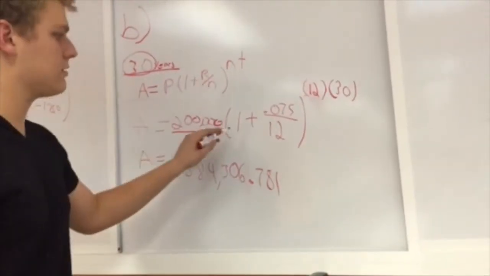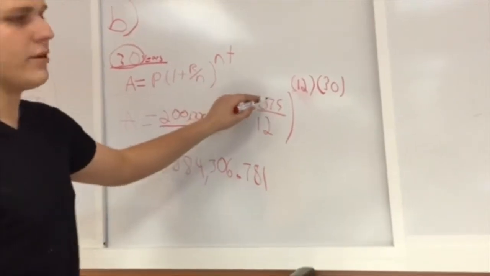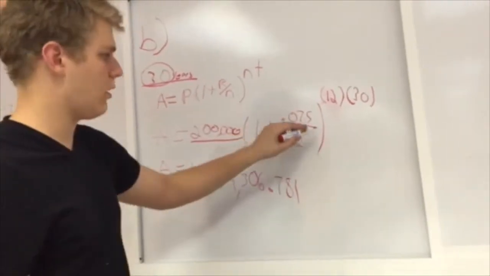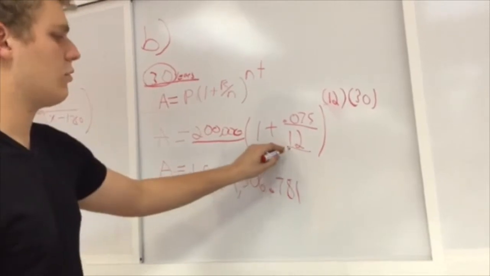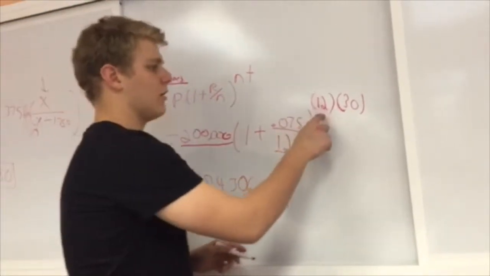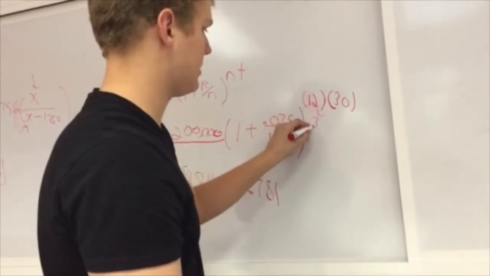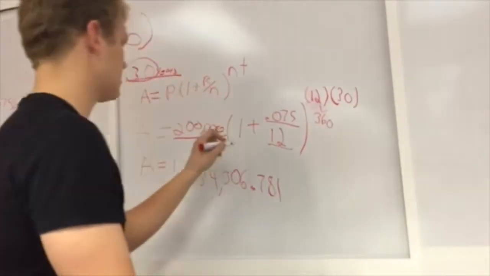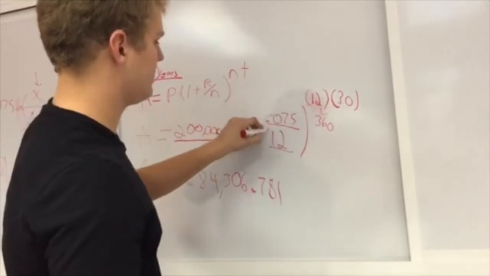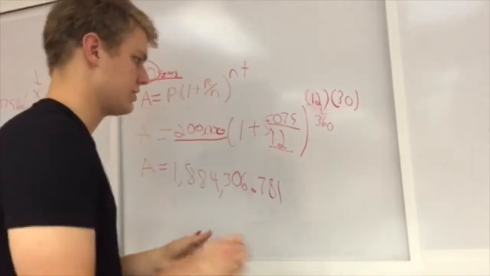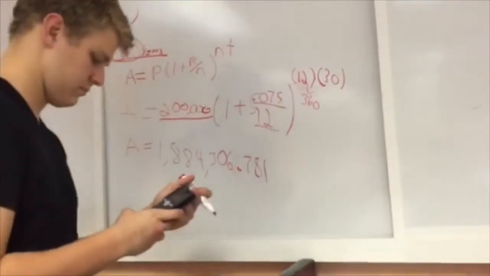So you're going to get 200,000 times 1 plus 0.075 over 12, to the power of 12 months and 30 years. This is going to give you 360.